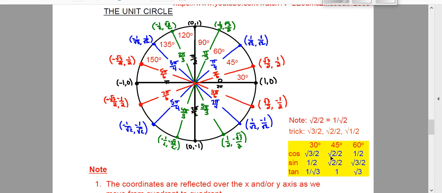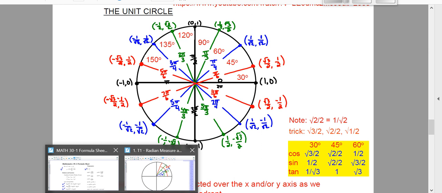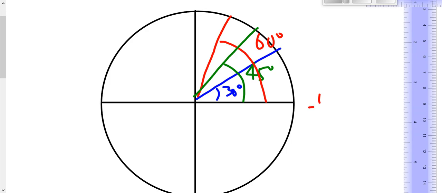Instead, I wrote down root 2 over 2. I know you say, Cheng, 1 over root 2 and root 2 over 2, they are not the same thing. Yes, they are actually the same thing. So 1 over root 2, let me just do it here. 1 over root 2. If you rationalize the denominator, what do I mean by that? Multiply the top and the bottom by the same thing.